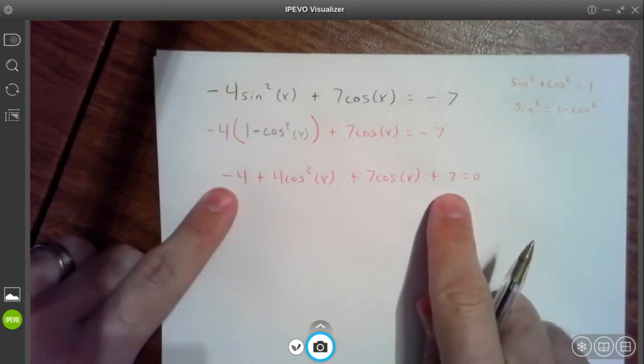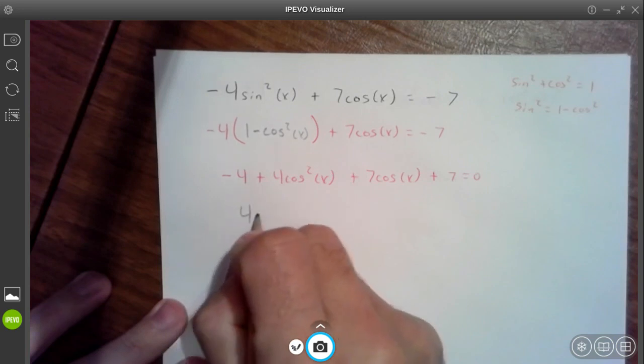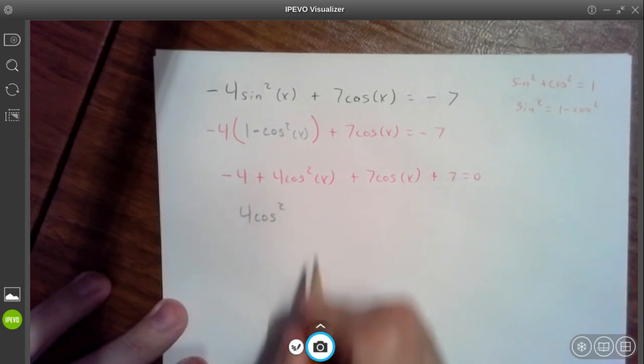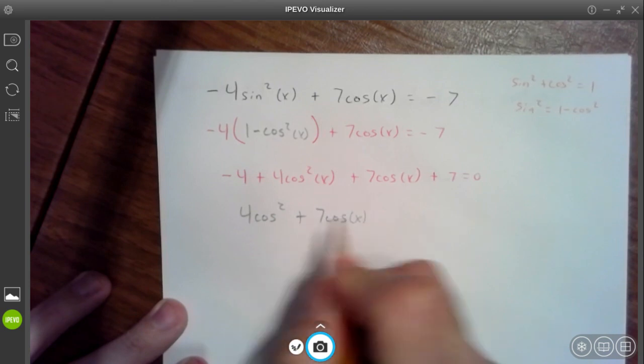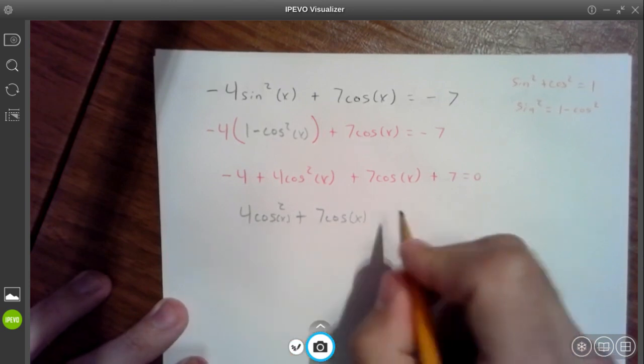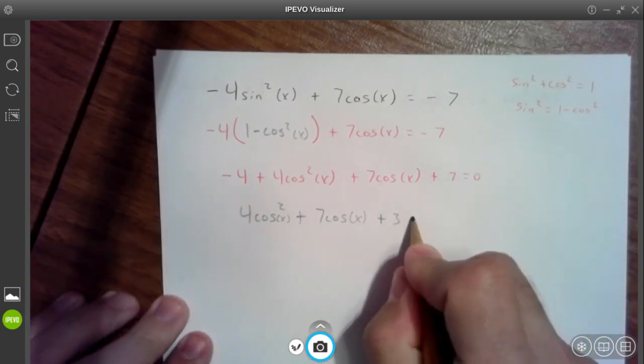We can combine those real fast. This is going to be 4 cosine squared plus 7 cosine. Oh, I forgot my x. That's okay. And then a -4 and a +7 are going to make a 3.